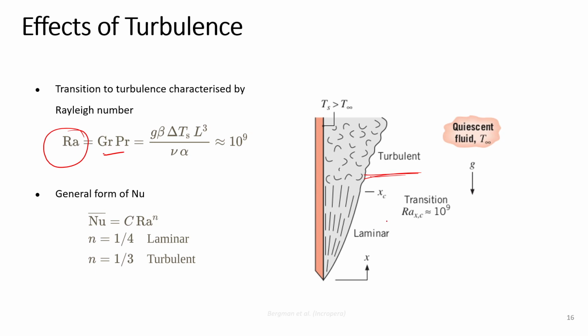And if it is less than 10⁹, then we have laminar flow. So basically the Nusselt number can be written in terms of the Rayleigh number by these equations, for both laminar flow as well as turbulent flow.